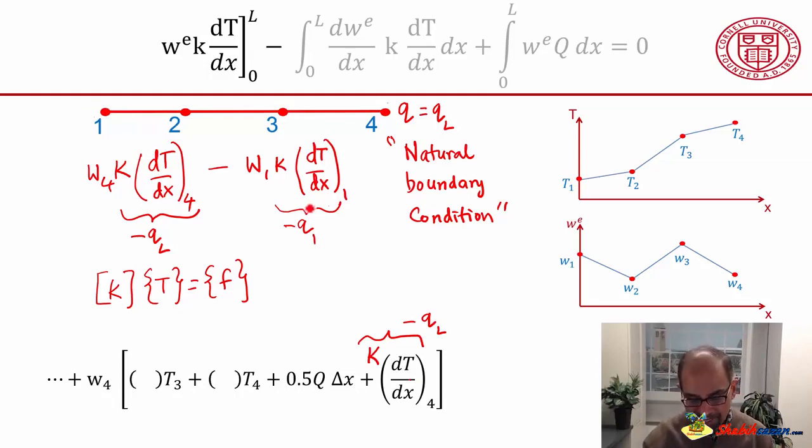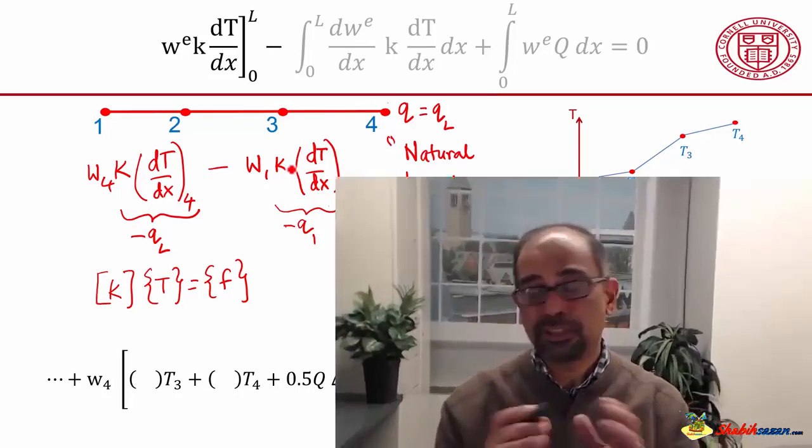What's done is you use that term to evaluate the flux at the left boundary, and then you can use that to check energy balance. And in Ansys, when we compute a reaction, that comes from a term like that, and we will look at that a little bit later, because it's a very important way of checking your results, whether it's conservation of energy in this case, or when we go into structural mechanics, equilibrium.